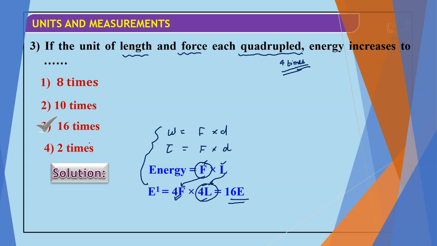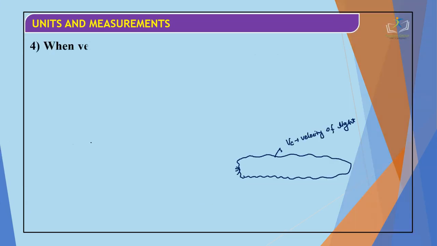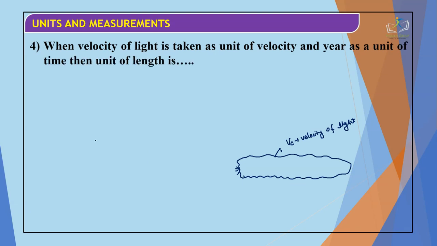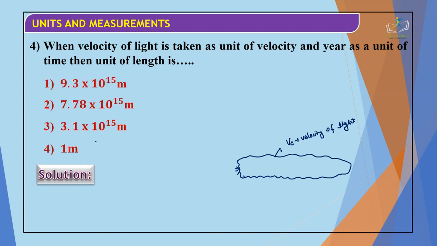I hope you understand. Next question we have: when the velocity of light is taken as the unit of velocity and year as the unit of time, then the unit of length is, we have these options. Let us move with the solution part.